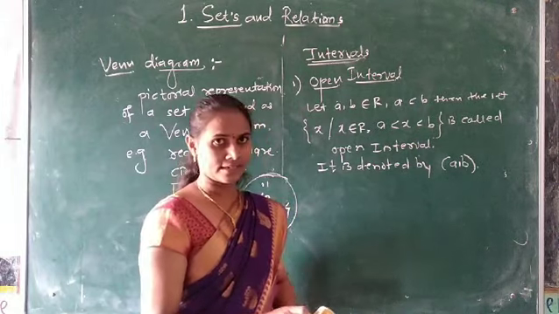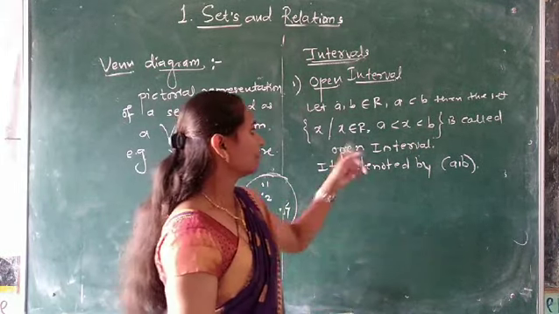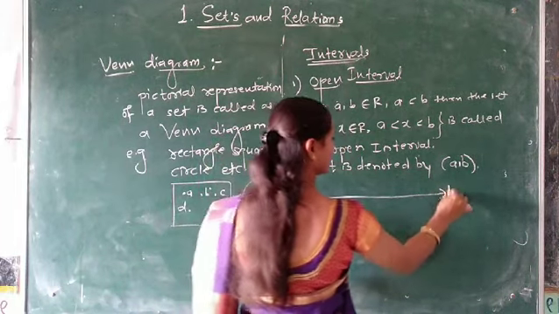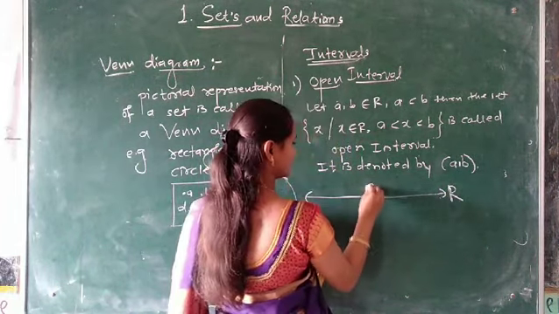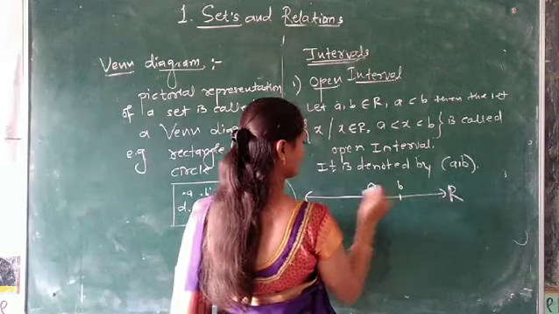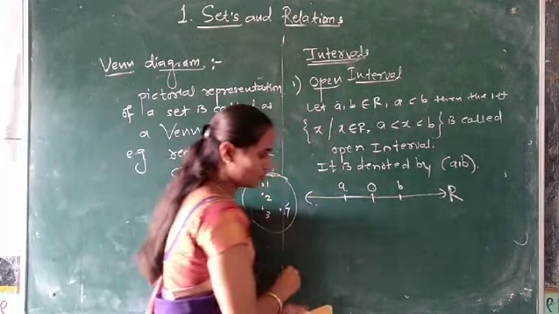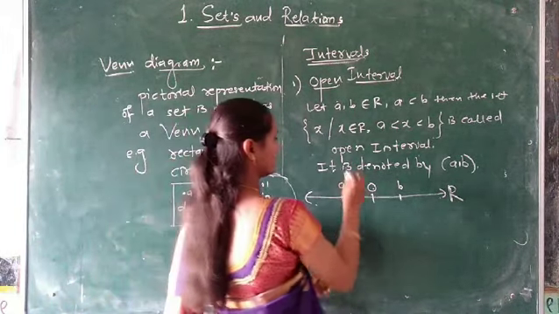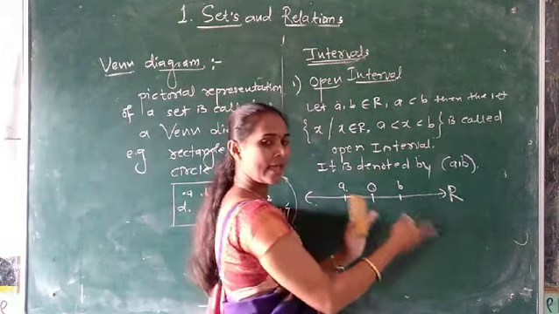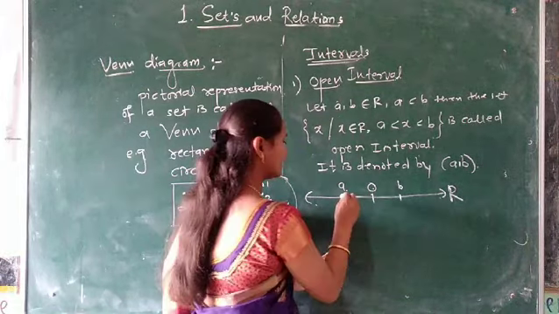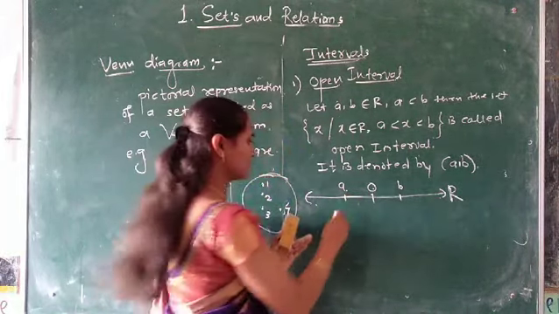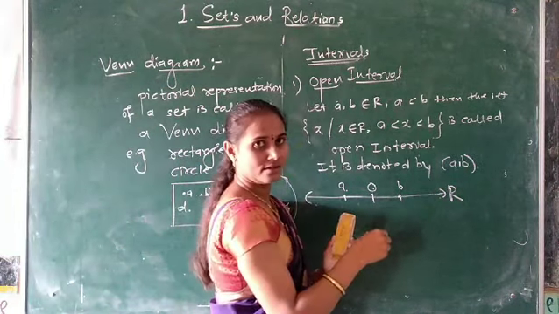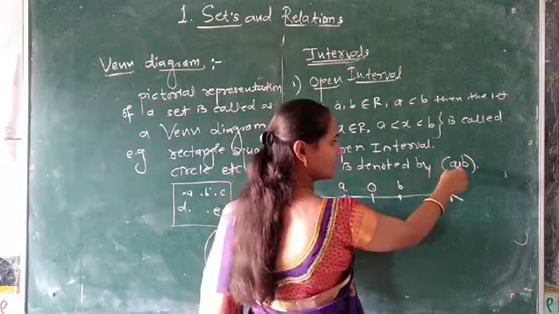So in an open interval, remember the points. First we draw a real line. This is our real line. Here is 0, and on this side here is B and here is A. So X belongs to this interval between A and B. In the open interval, the boundary points, that means A and B, are not included in this set.